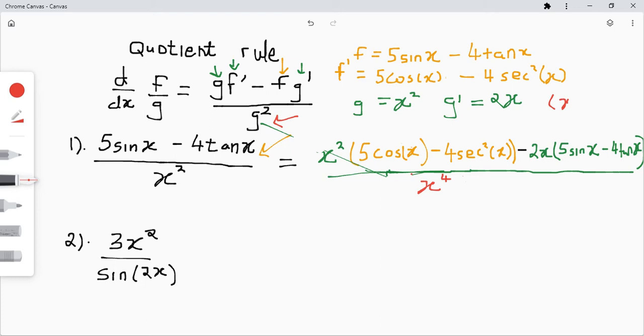Okay, we can go to the second one. Are there any queries on this one?